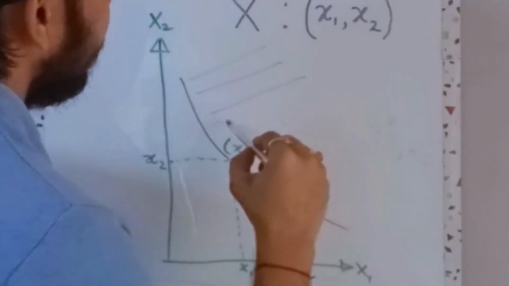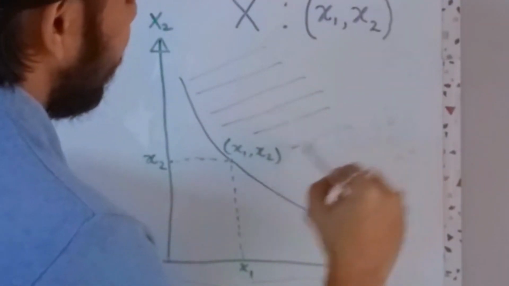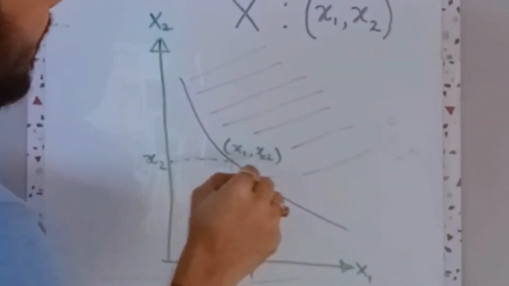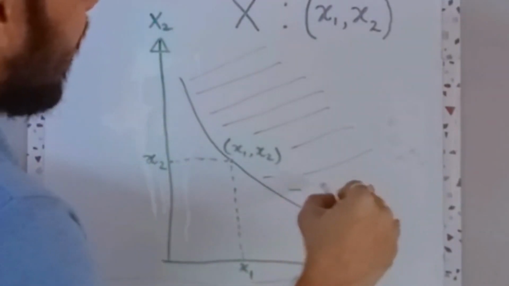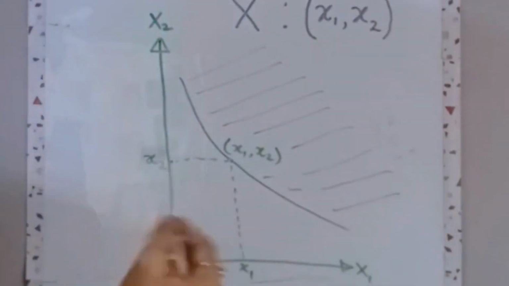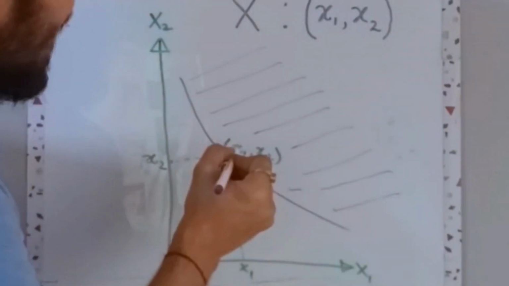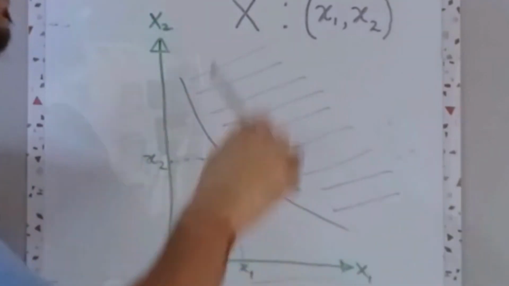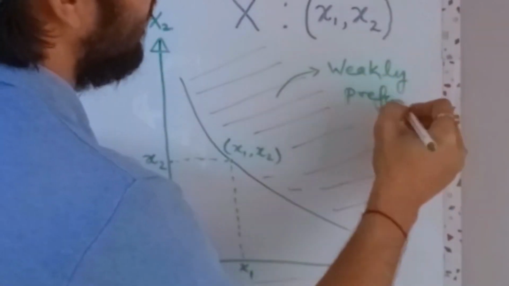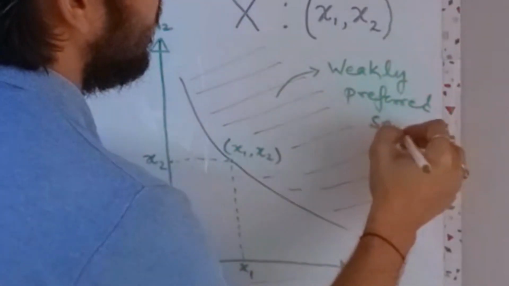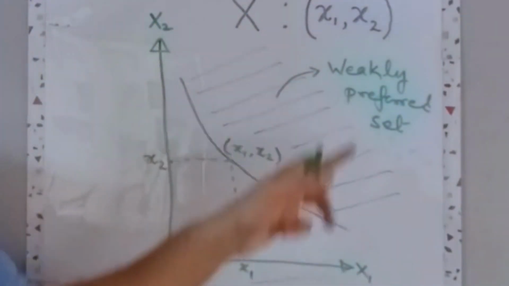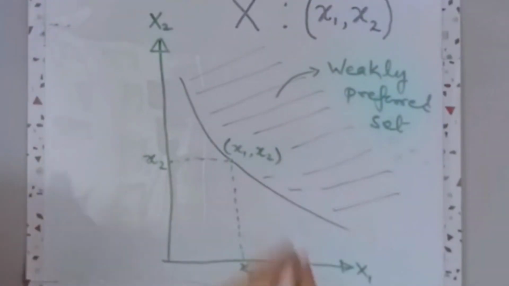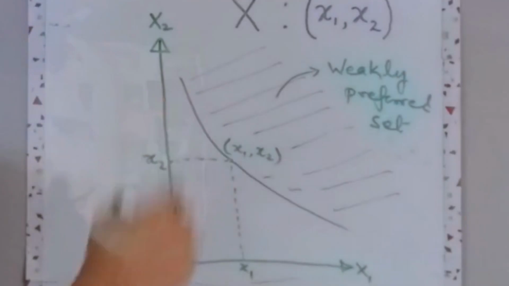Now let's say these points above this X1, X2 and above this line are the consumption bundles which you weakly prefer to X1, X2. So what will you call the consumption bundles in this region? Weakly preferred set, right? In this set, all the consumption bundles will be weakly preferred as compared to this consumption bundle which you have.